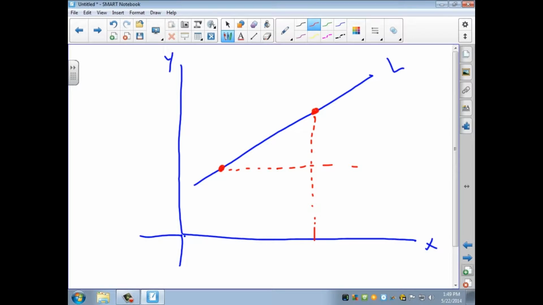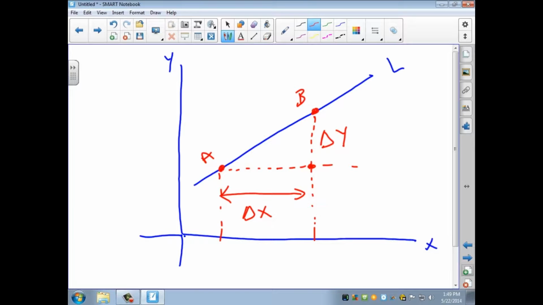As you go from point A to point B, you're going up and you're going to the right. So the part that is going up is called the rise, that is measured in y, change in y, and the one that is going horizontally from A to B, which is this distance, is called change in x.